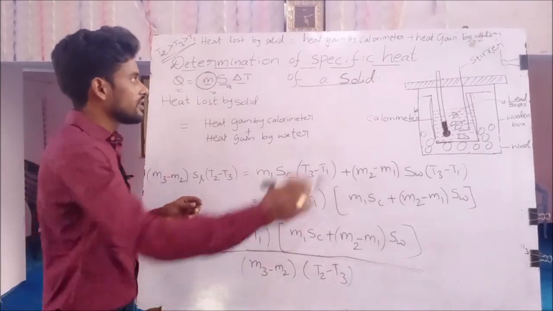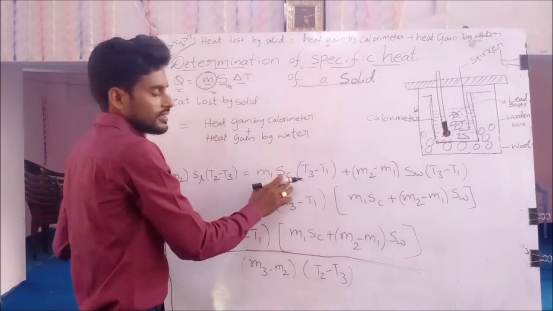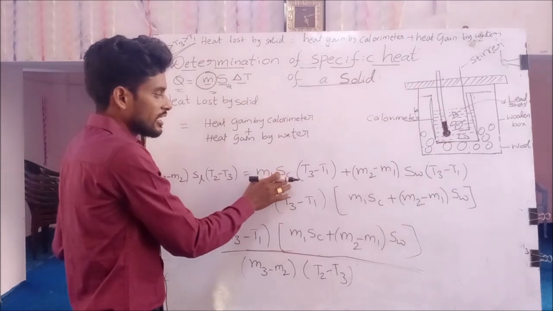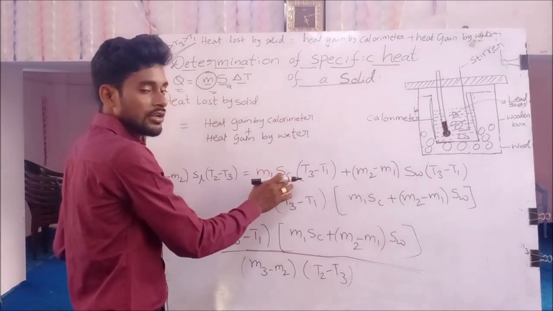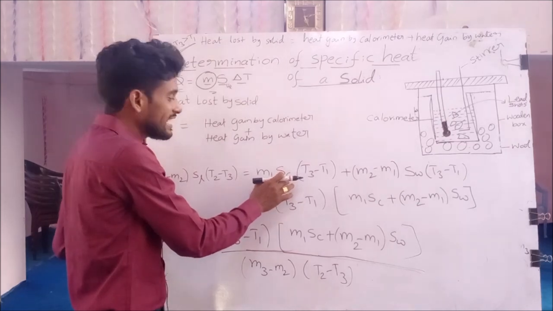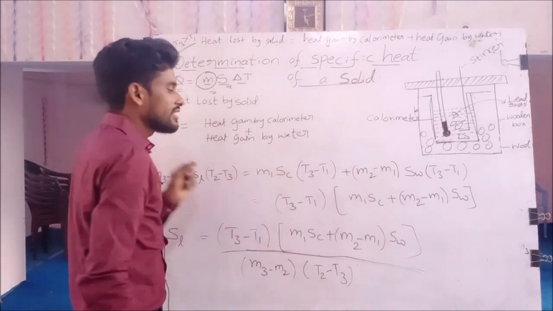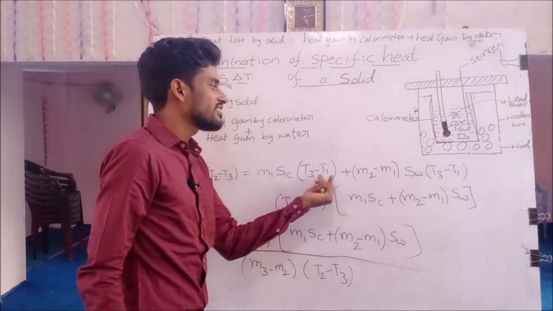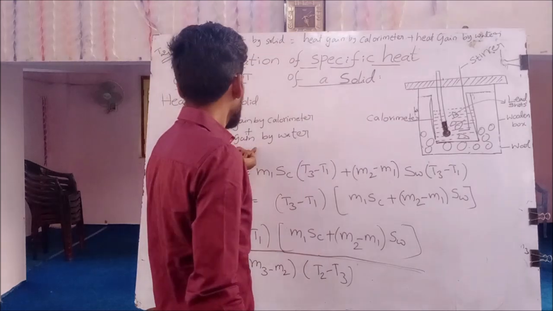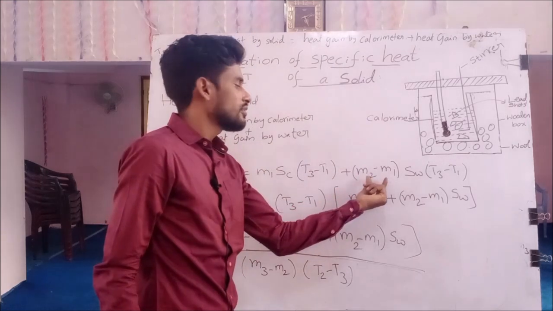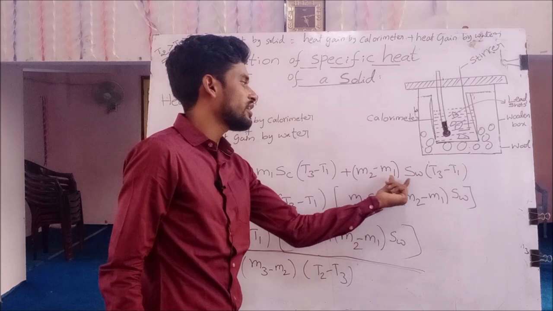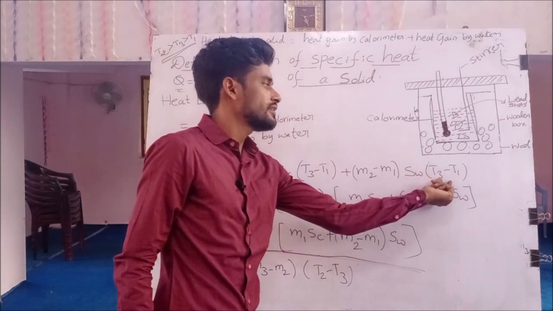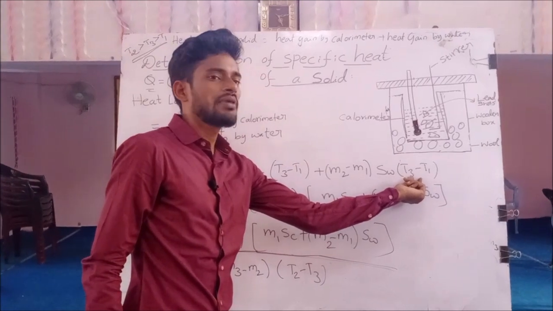Now, heat gained by the calorimeter: mass M1, calorimeter specific heat SC, and temperature change T3 minus T1. Coming to the heat gained by the water: mass M2 minus M1, specific heat SW, and temperature change T3 minus T1.